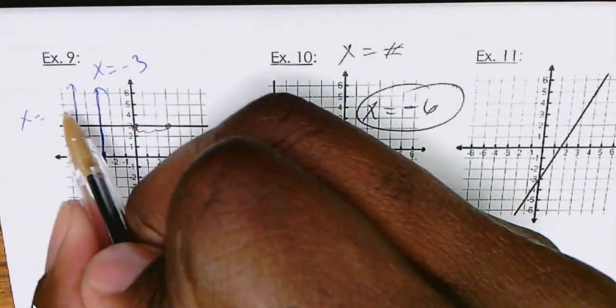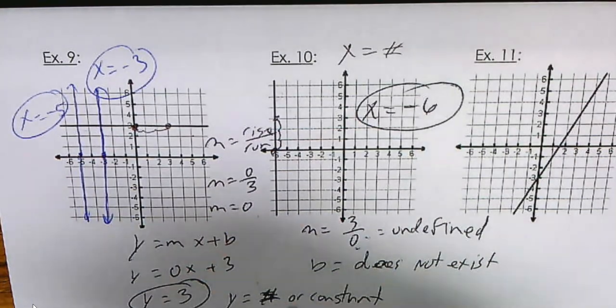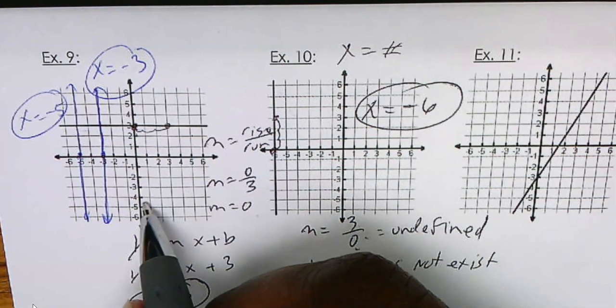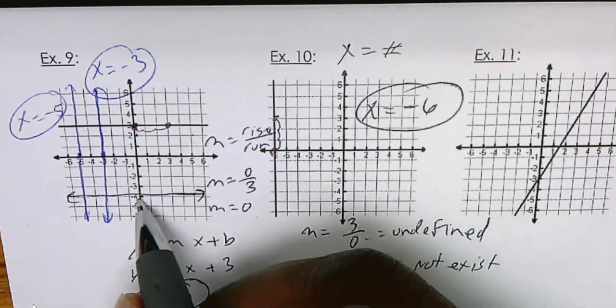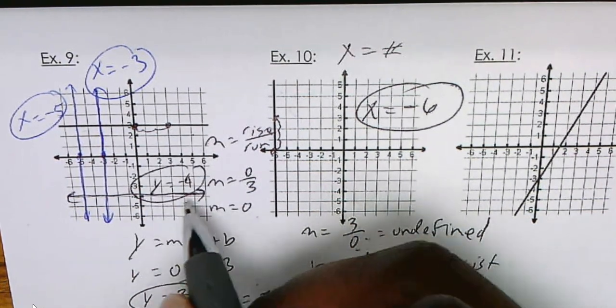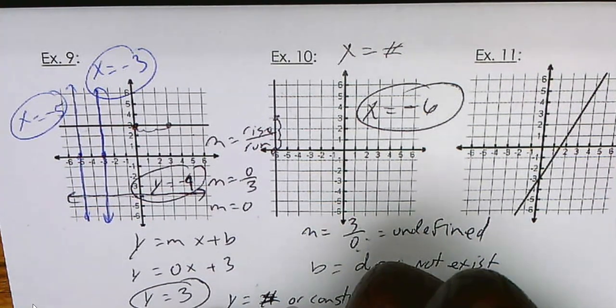So that line would be x equals -5. So vertical lines are always x equals. Horizontal lines are always y equals. So had I given you this line, it crosses at -4. So it's y equals -4, because my slope is 0, and I cross the y-axis at -4.